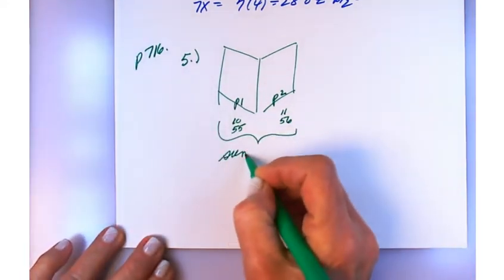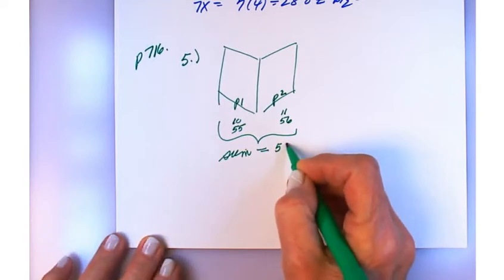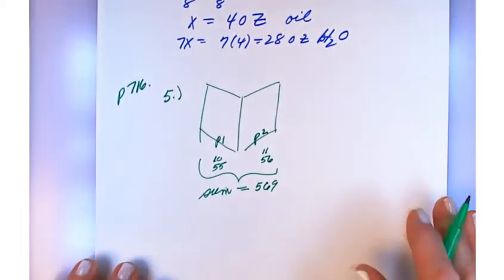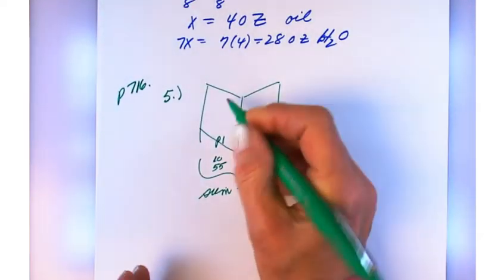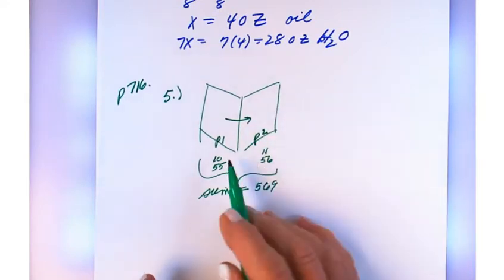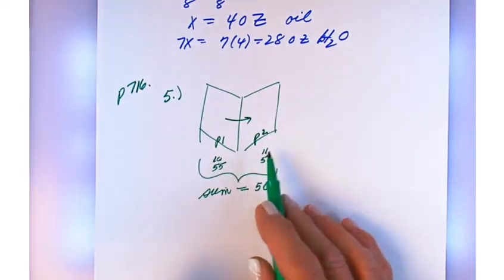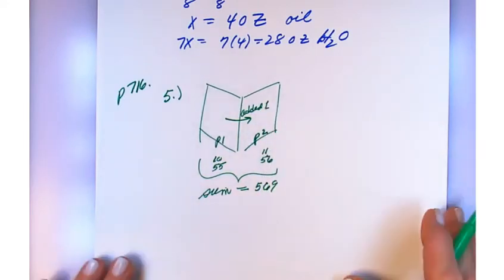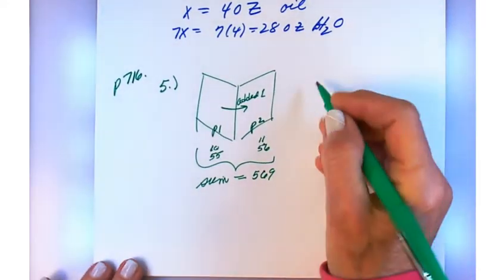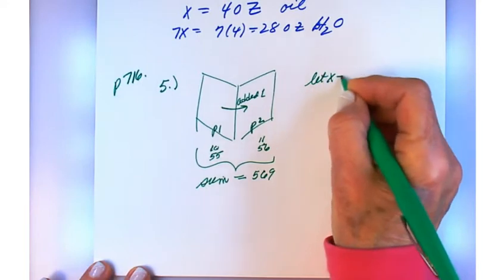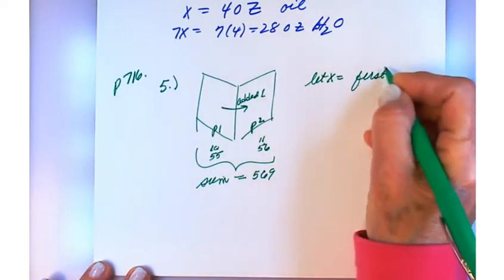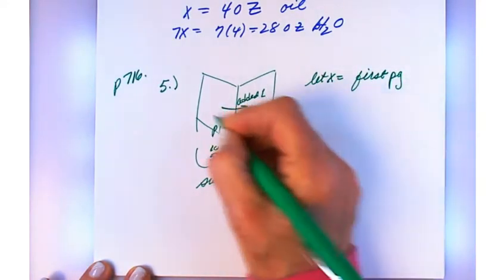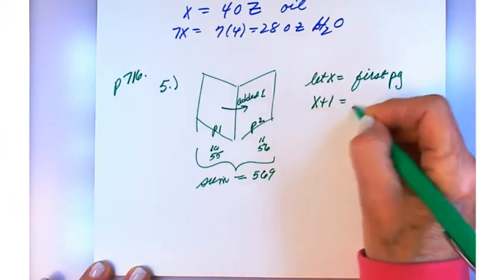So we know that to go from page 1 to page 2, to go from 10 to 11, we added 1. That's how we label all books. So I'm going to let x equal the first page, and I have to add 1. I get x plus 1 is the second page.